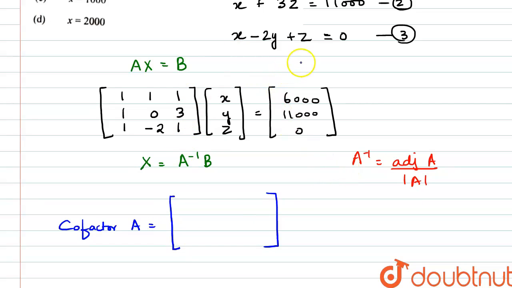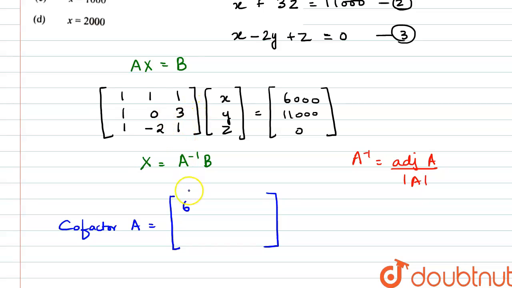So for the cofactor of A, for the first, that is A11, we have 0 into 1 is 0, minus of minus 2 into 3, that is minus minus plus. So we have 6 here. Now for A12, it will be a negative value, so we write minus first, and then 1 into 1 is 1, minus 3 into 1 is 3.